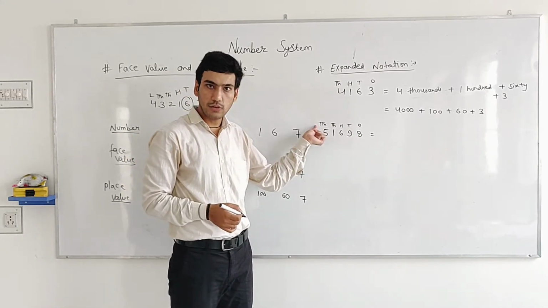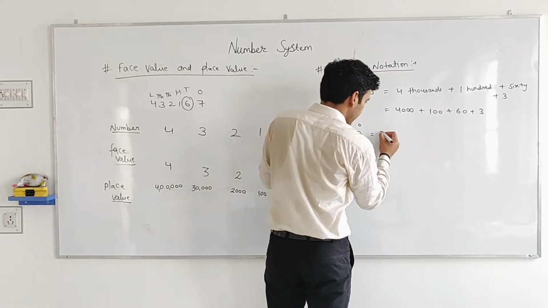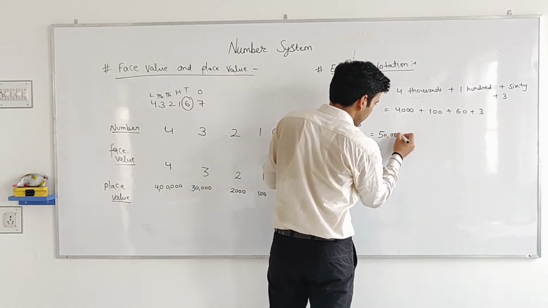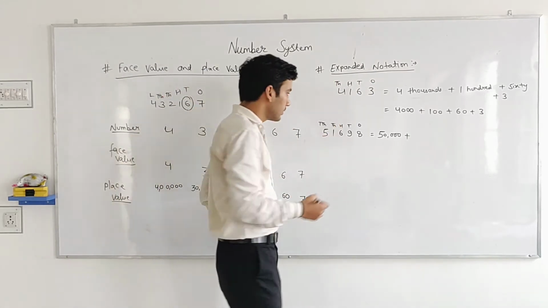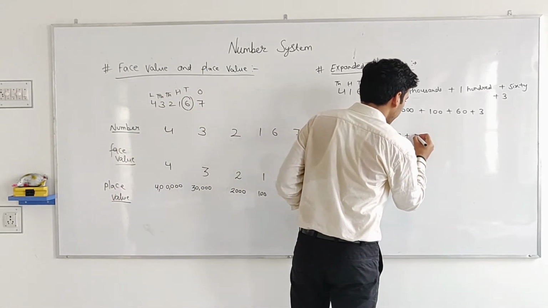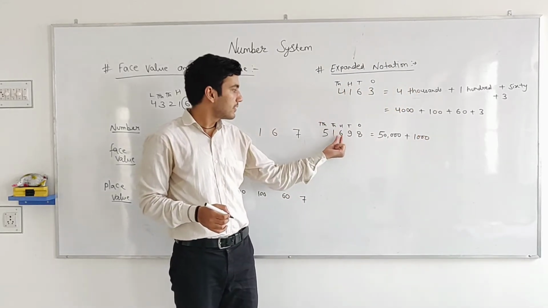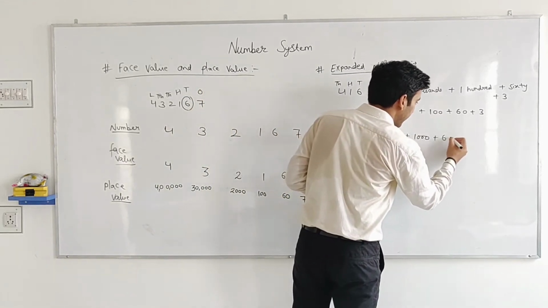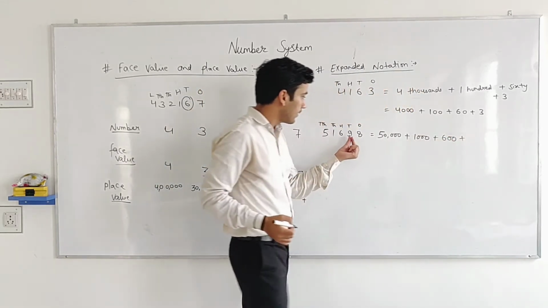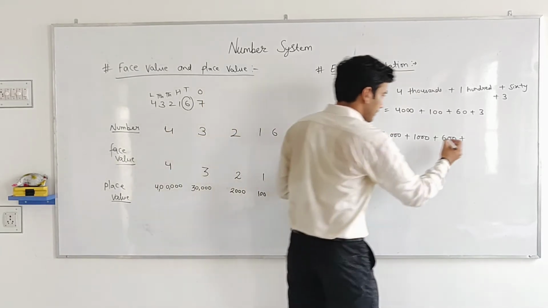Because 5 is on the 10,000's place, we can write here 50,000, plus, next, 1 is on the 1000's place, so we can write 1000, next 6 is on the 100's place, so you can write 600. 9 is on the tens place, so you can write 90.